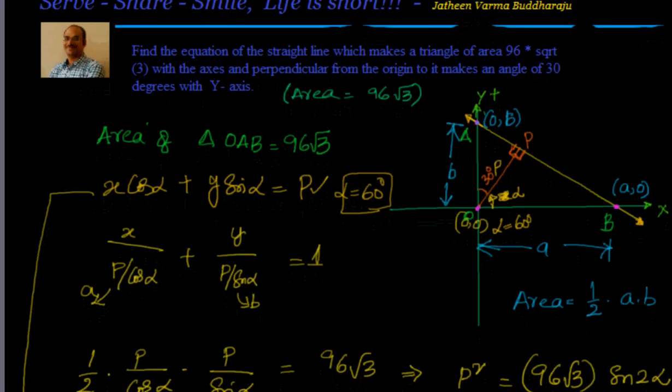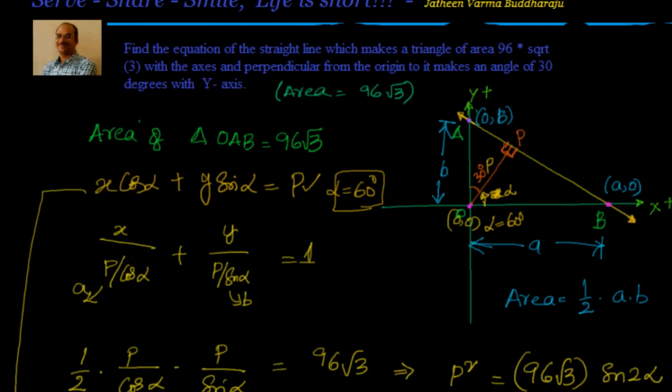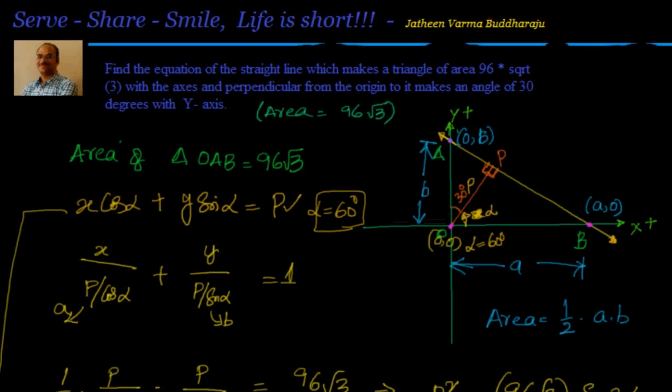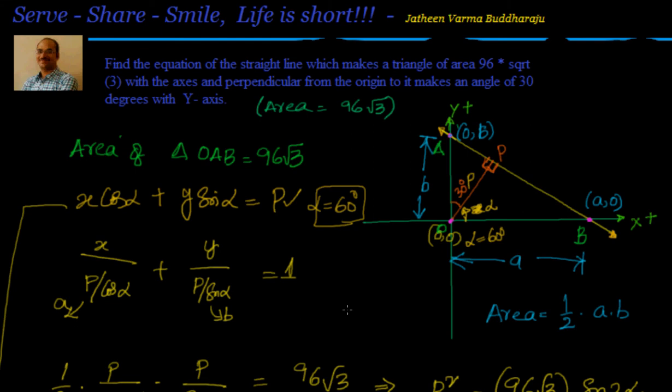Let me try to summarize this before I give you another approach, which you can try out. We have been asked to find the equation of the straight line. We have been told that the line makes intercepts with the x-axis and y-axis, and the area of the triangle formed with the line and the axes is 96 root 3.